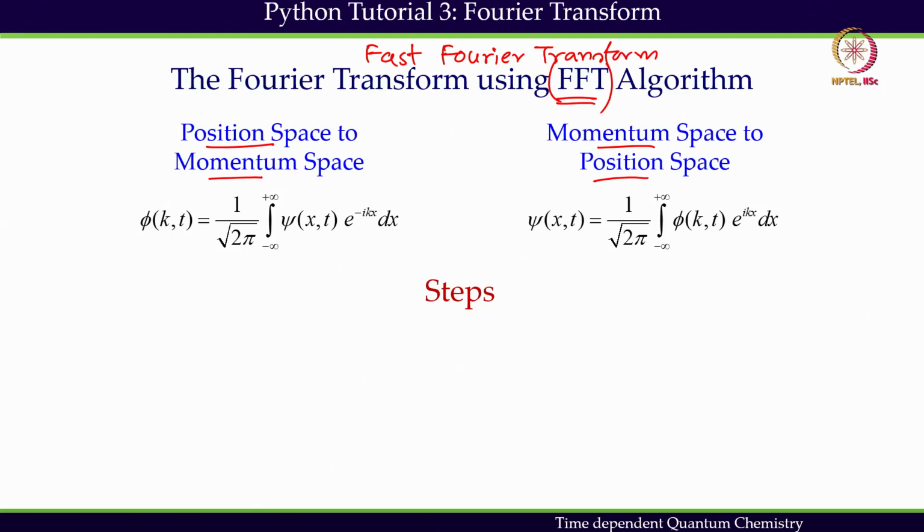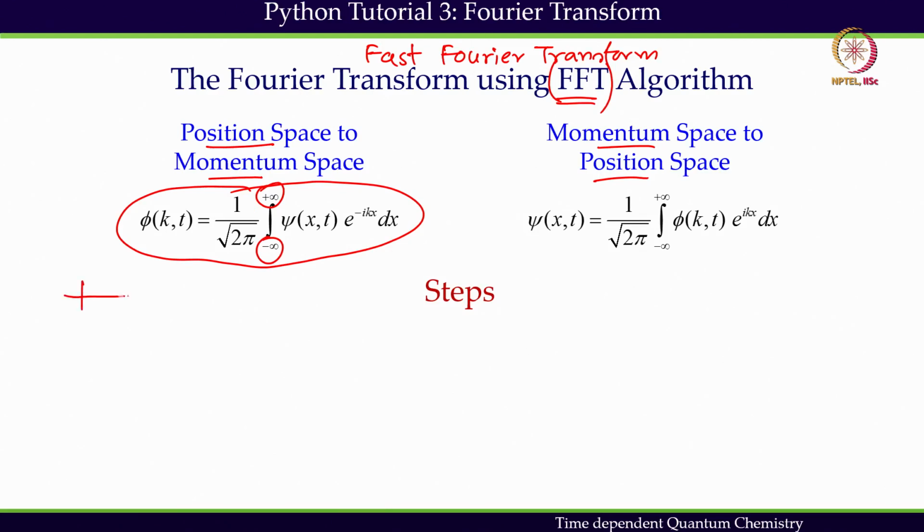The basic idea is that this is an analytical expression, and one cannot use this kind of analytical expression directly. We cannot use this minus infinity to plus infinity limit. We have to always think about finite limits.